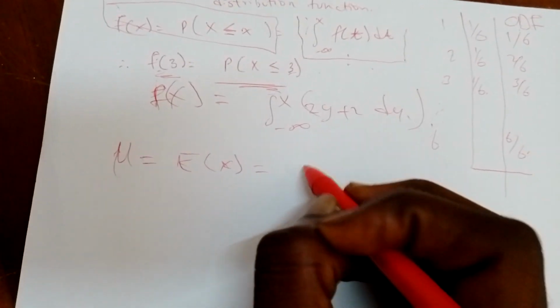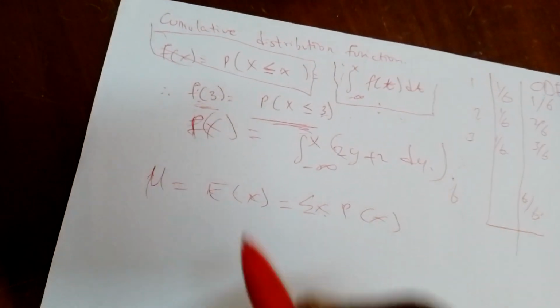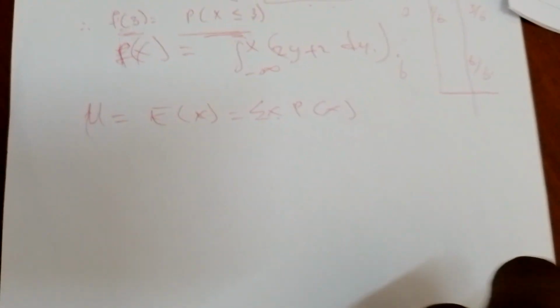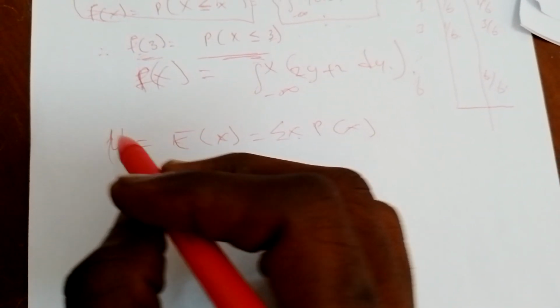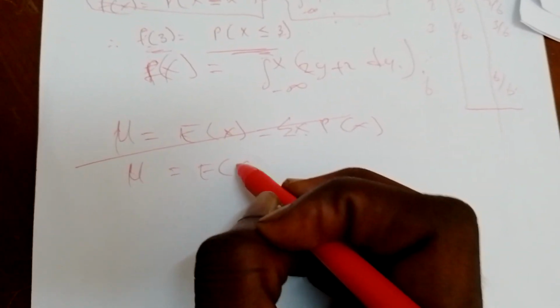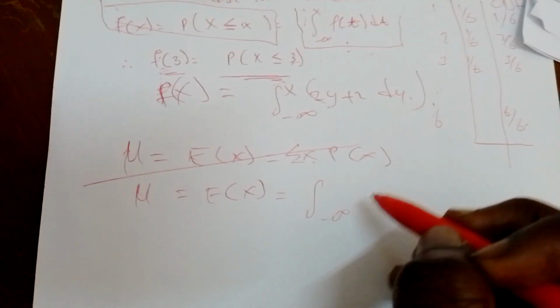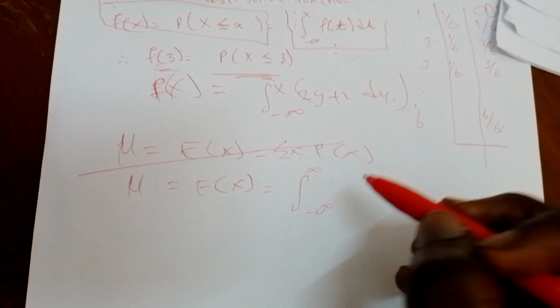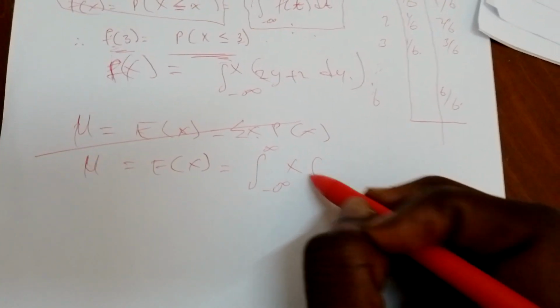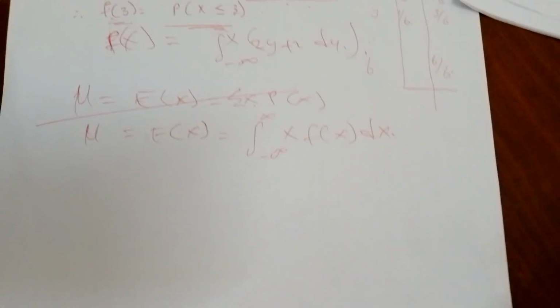In discrete variables, it was x p of x, right? Then you just sum it up. But now you're talking about continuous variables. So you trash this one and say your mu equals expectation of x equals the integral from minus infinity to, say, positive infinity, or wherever it will end, of x f of x dx, right? I hope this one makes sense.